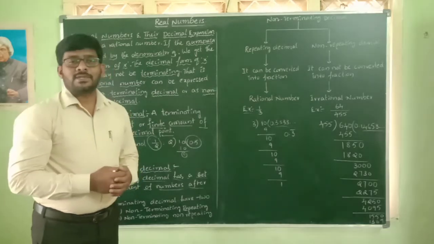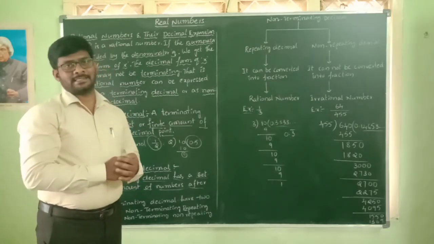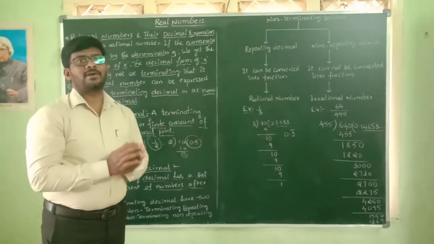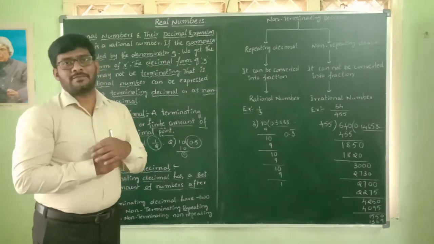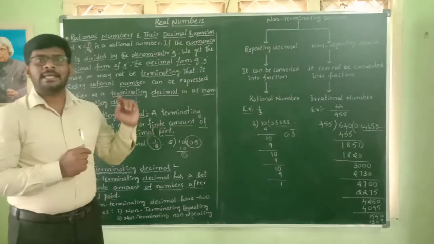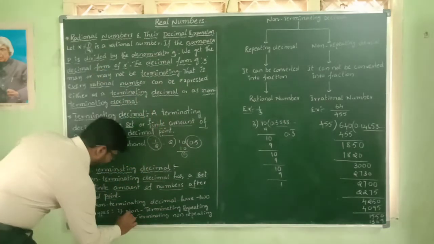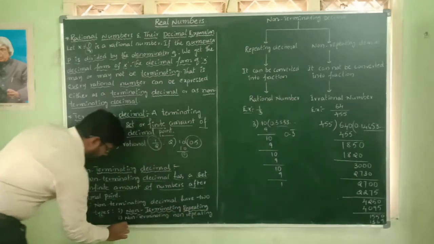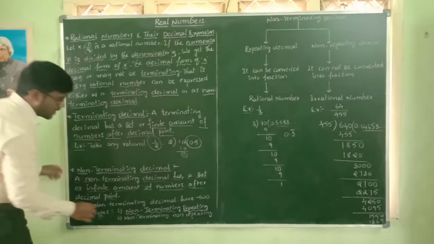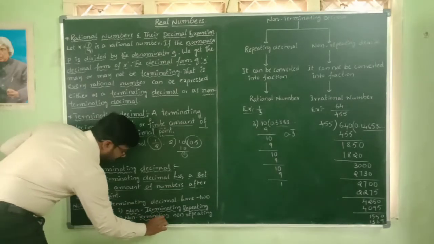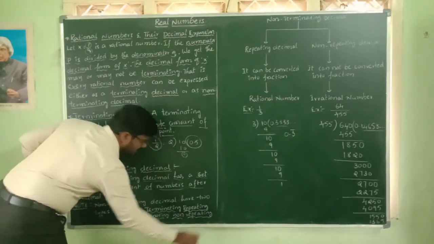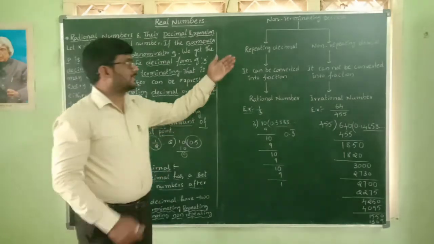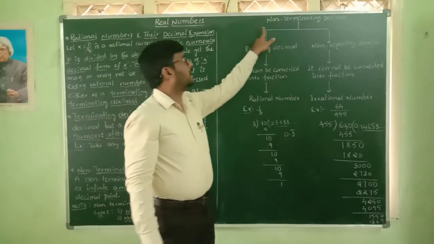The second one is non-terminating non-repeating decimal. See here, and also see the properties here diagrammatically.